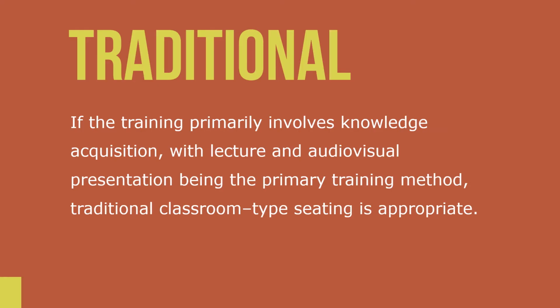If the training primarily involves knowledge acquisition, with lecture and audiovisual presentation being the primary training method, traditional classroom type seating is appropriate. Traditional classroom seating allows the trainee interaction with the trainer, but it also makes it difficult for the trainees to work in teams, particularly if the seats are not movable to other locations in the room.